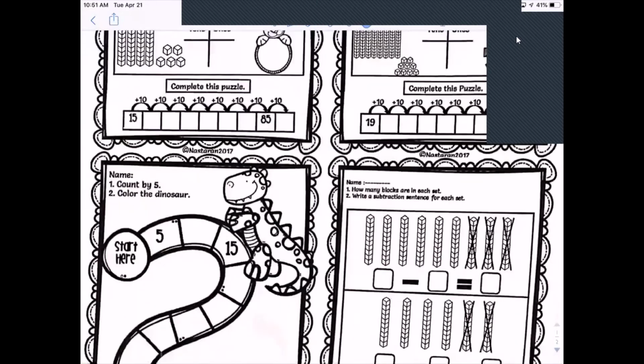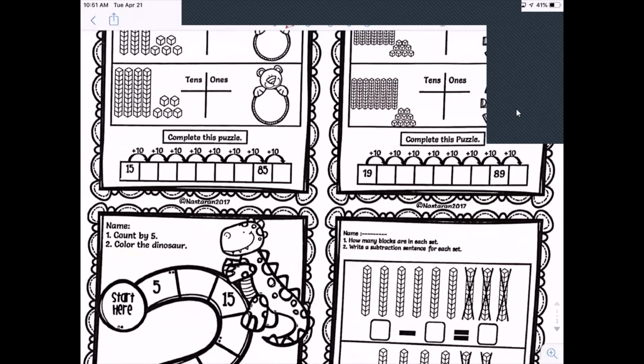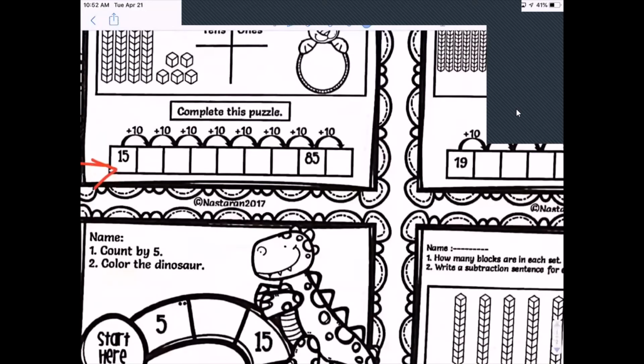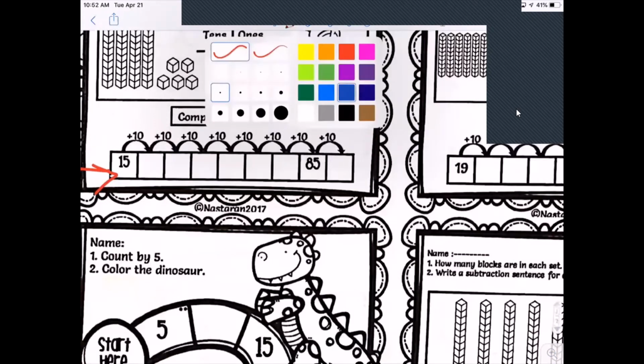Okay. Now on the bottom of the page, right here, you're going to be adding 10. So if you have 15, the next one, you're adding 10. You're just making it... Let me get my pencil.